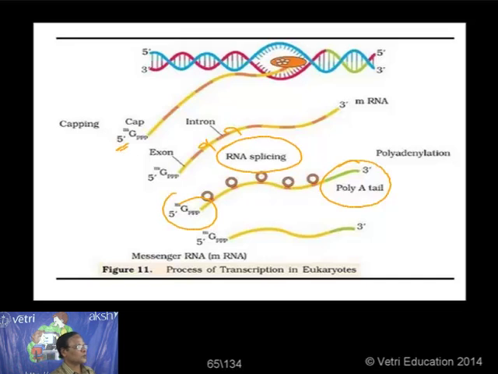It is also responsible for protecting the mRNA from degradation by exonucleases. Now this is the fully formed, matured mRNA. This is the primary transcript with both exons and introns. Now the fully matured mRNA has only the exons, with the cap at the 5' end and the tail, the polyadenyl tail. The green part represents the polyadenyl tail at the 3' end.